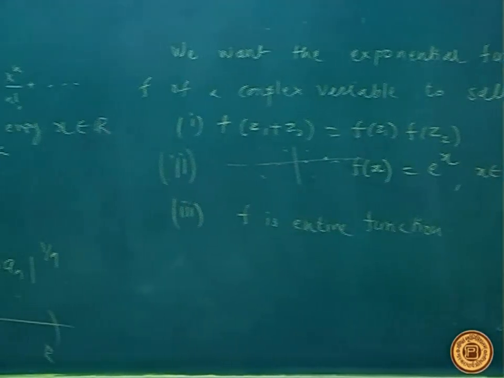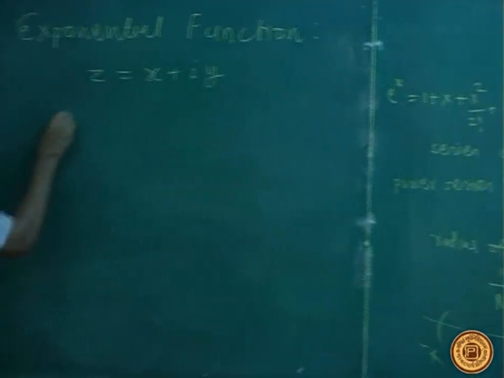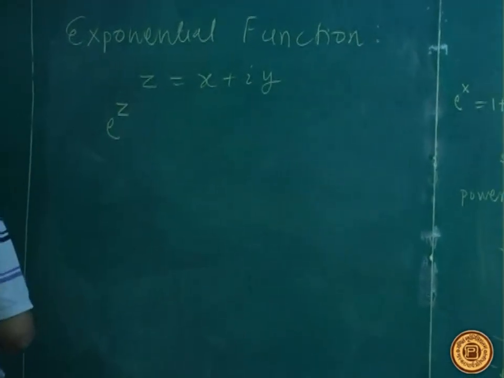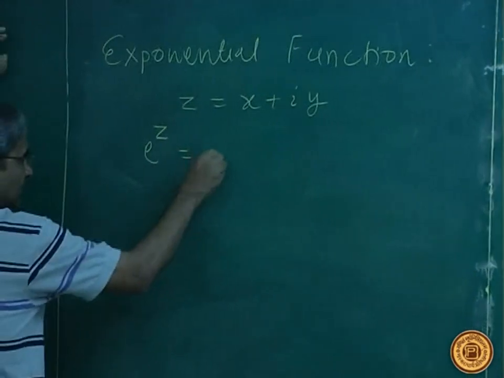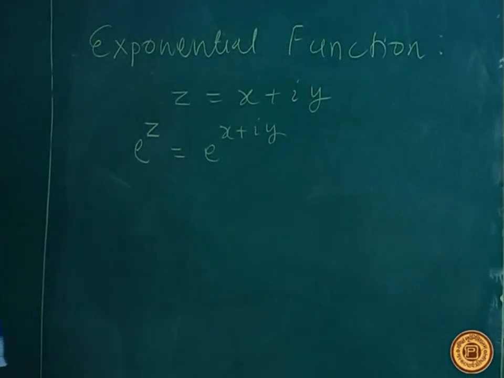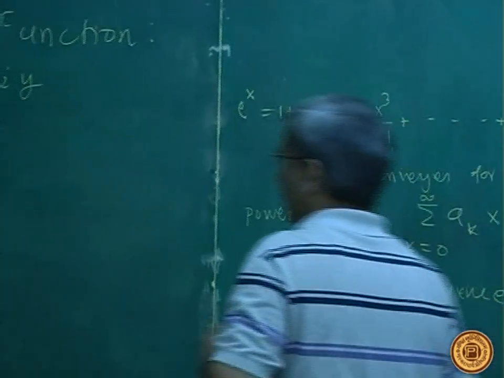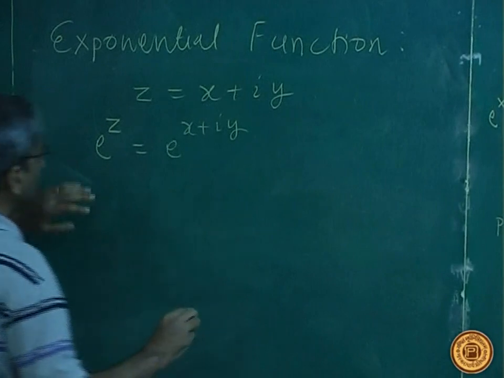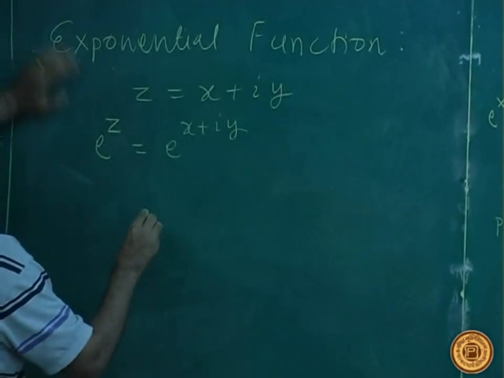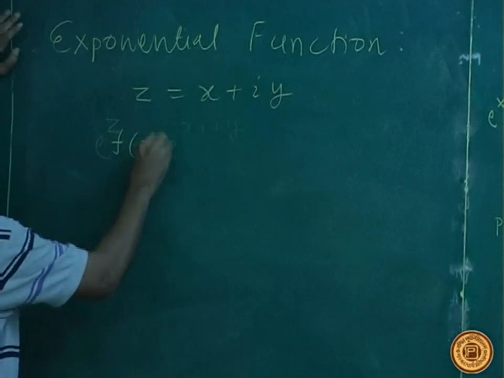Suppose z is x plus iy, and I want to define e to the power z. That is e to the power x plus iy. Now I want the function to satisfy this. So let me not write e to the power, let me write f. f of z I want to define.